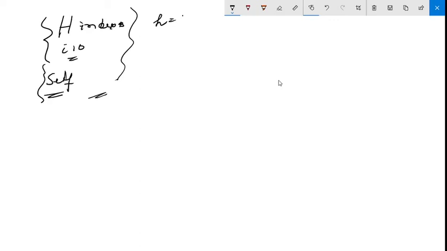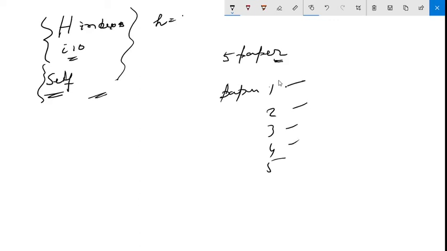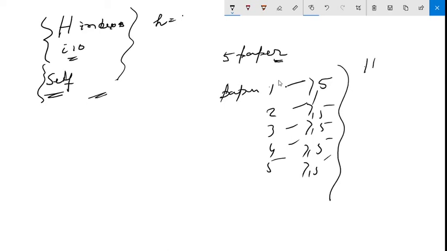As per I remember, if you want to go deeper into this co-citation thing, you can. Let's say I have 5 papers: paper 1, paper 2, paper 3, paper 4, paper 5. If all the papers are cited a minimum of 5 times or more, then my minimum H index will be 5.